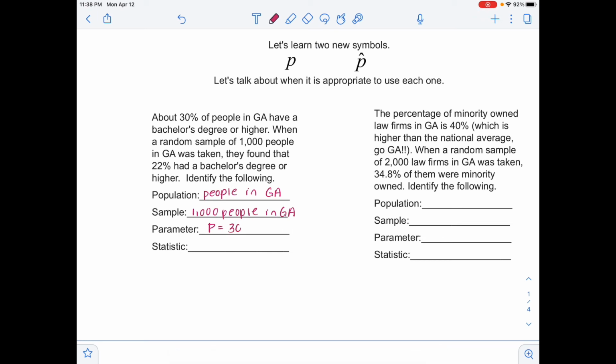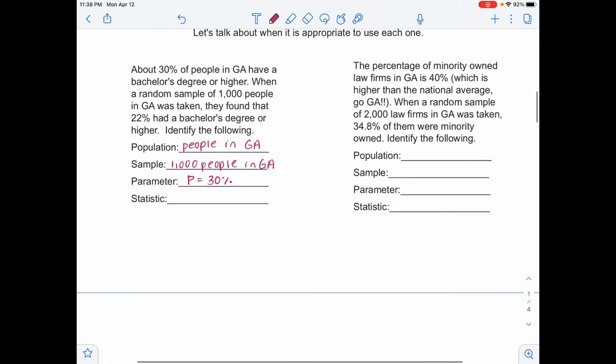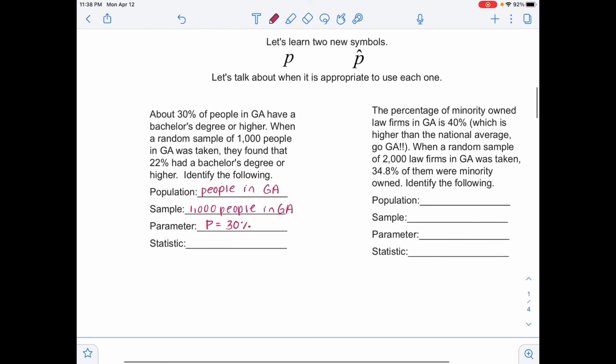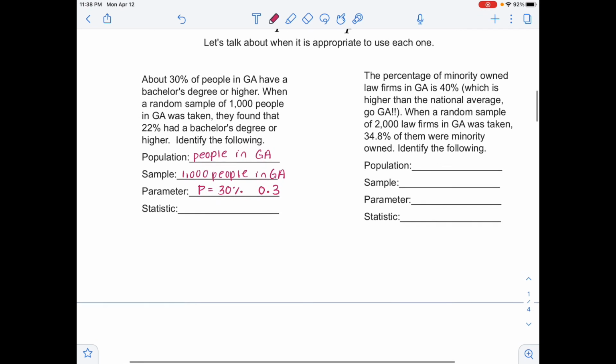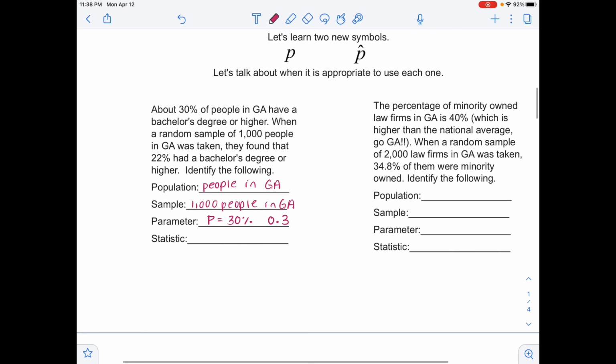But remember, percentages and decimals go hand in hand, so it's good to remember 30% is 0.3 as a decimal. Then we're going to get to the statistic. The statistic about just the sample would be P hat. And for this example, that was 22%, or as a decimal, 0.22.